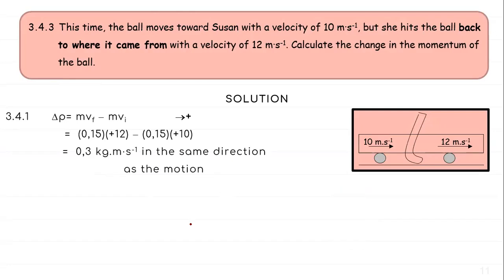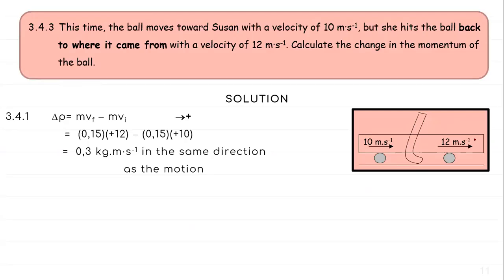Now, this is what is happening. There, a ball was coming with a velocity of 10 meters per second, and then Susan had a hockey stick and hit the ball. So the ball continued in the same direction, but the velocity of the object increases.